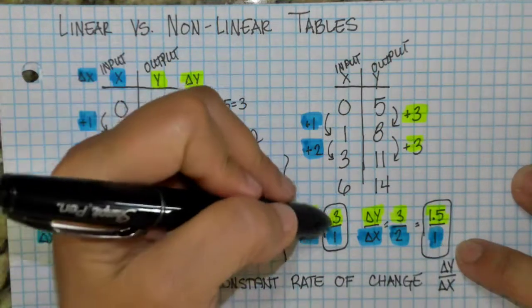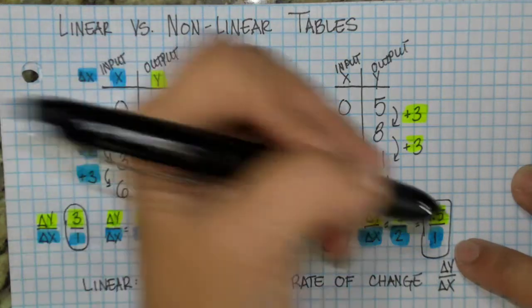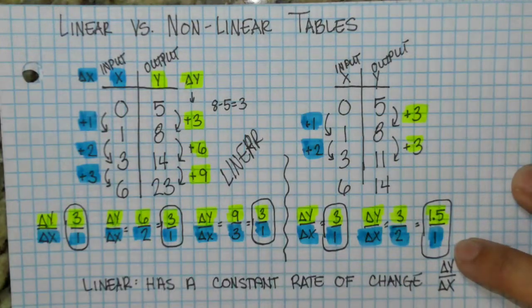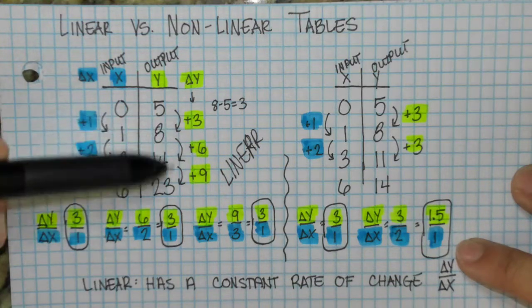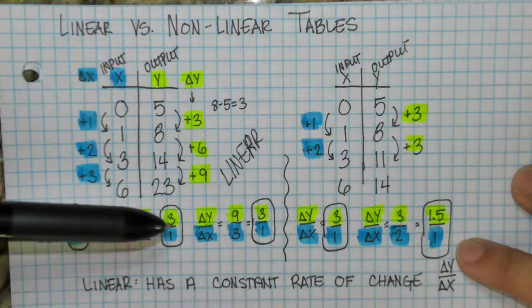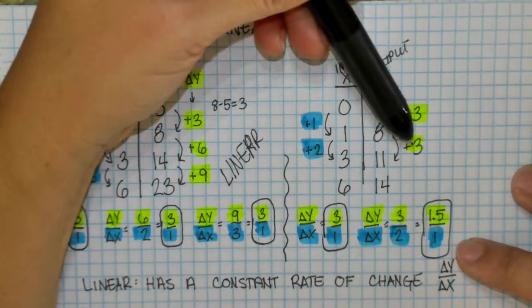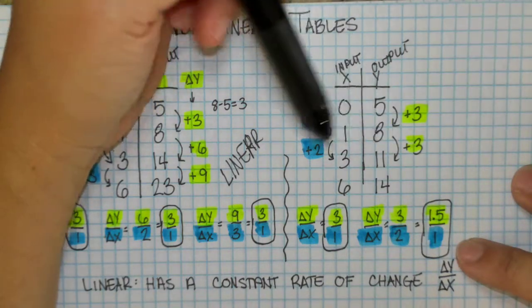It's nonlinear because this unit rate, this simplified version, is different than this simplified version, and therefore that makes it nonlinear. I only have to find it nonlinear one time for it to be nonlinear, whereas in the first one I had to continue out the entire thing to make sure they were all linear. But in order for something to be nonlinear, I just have to meet that criteria one time.